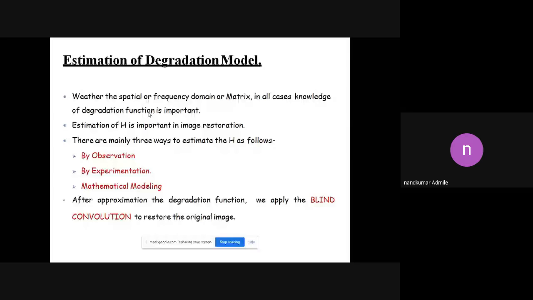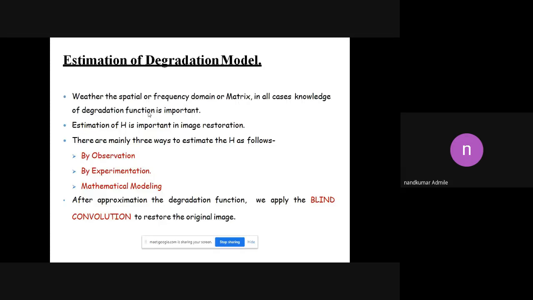Okay. So in order to remove the various types of noise from an image, again we have to study the degradation model. There are three different types. By using these three types, we can also remove the noise from an image. That part we'll study in our next lecture.